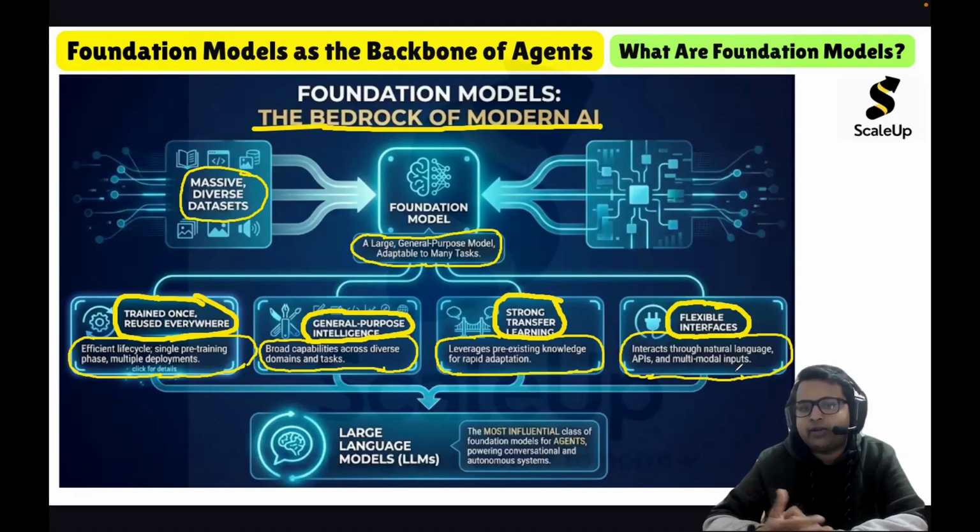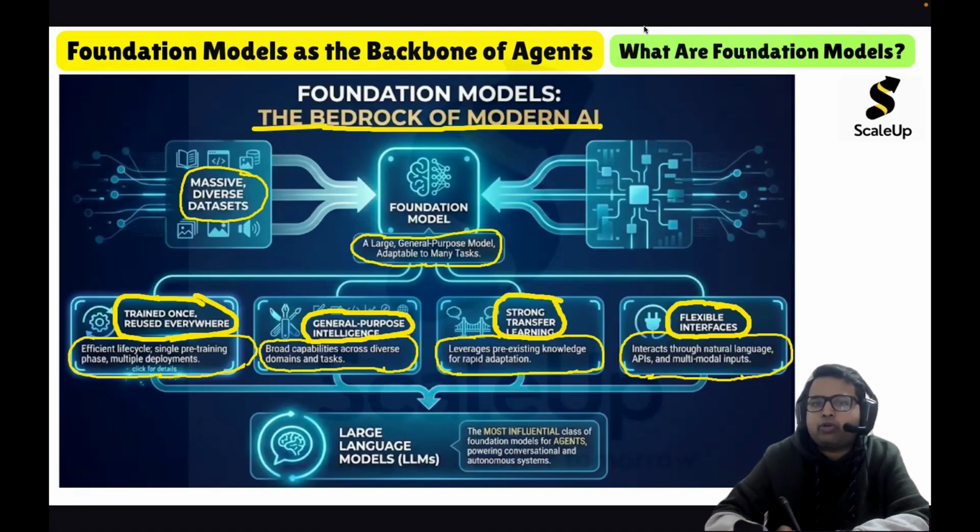So foundation models support flexible interfaces wherein they can understand natural language, we can interact with them using APIs, and they support multimodal inputs. So these are very powerful key characteristics of foundation model: train once, reuse everywhere, general purpose intelligence, strong transfer learning, and flexible interfaces.